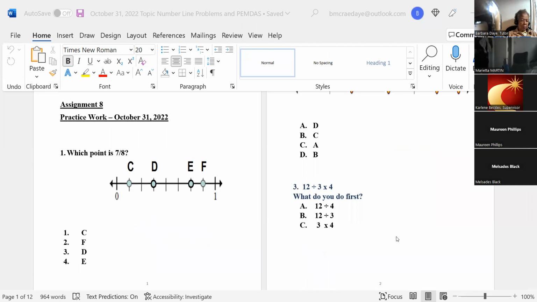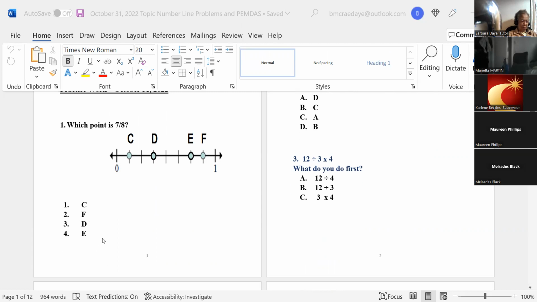I get F. That's the one between 7 and 7/8. No, look here, Maureen, your choices. 1 is C, 2 is F, 3 is D, and 4 is E. So what is your number for the correct answer? I get 2.